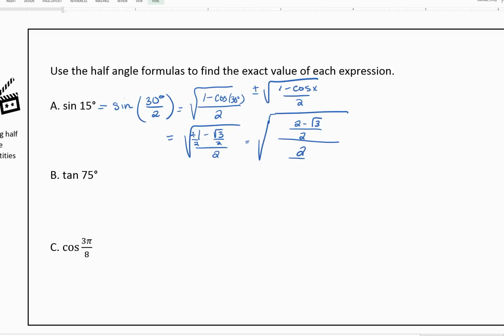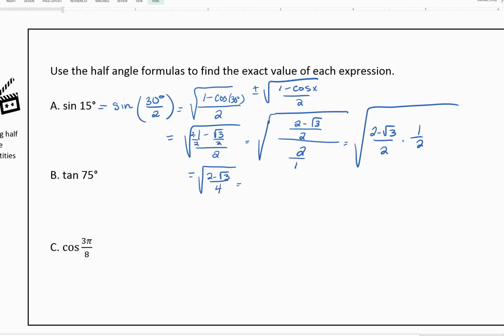Now we're going to think of this like 2 over 1. When we divide by a fraction, we take the top fraction and multiply by the reciprocal, which would be 1/2. So this will be 2 minus the square root of 3 all over 4.